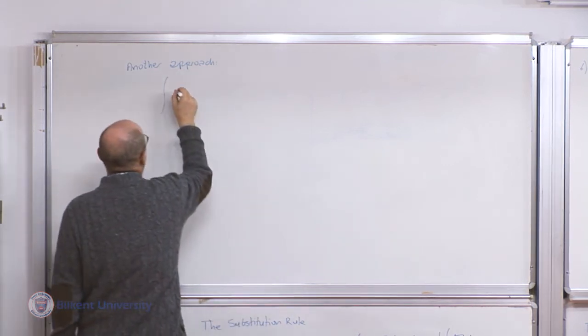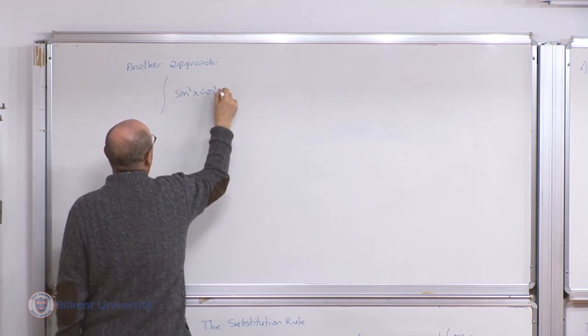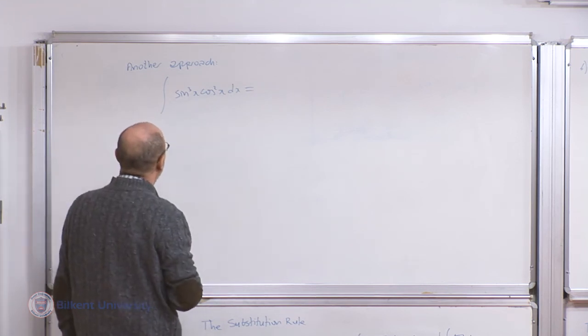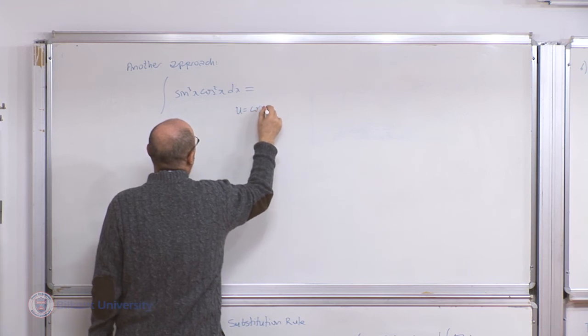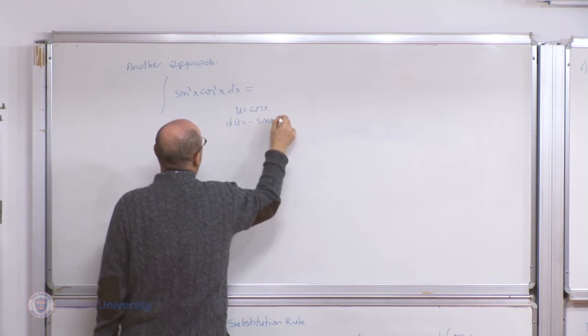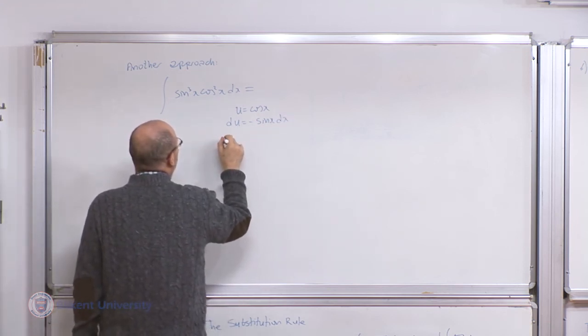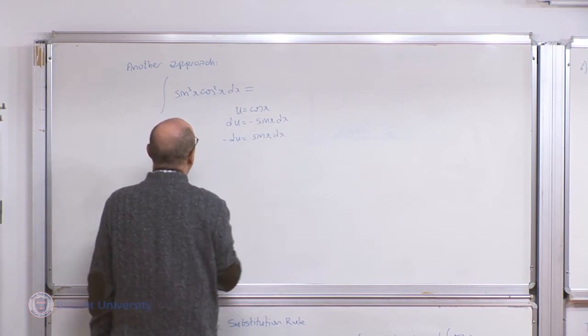Sine cube x cosine square x dx. So let me say u equals cosine x. See what happens. du is equal to minus sine x dx. Okay, so minus du is sine x dx.